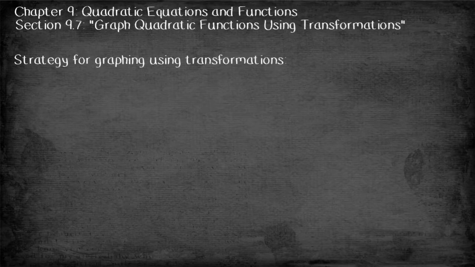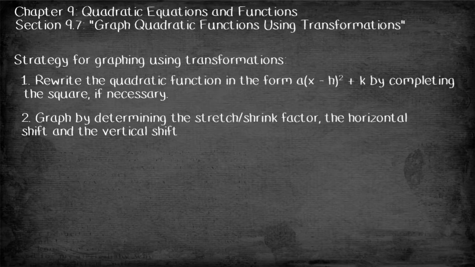Well, basically, what you do is rewrite your quadratic function like this: a times x minus h quantity squared plus k, and you do it by completing the square. And once you have it in that form, which is really the bulk of the work, then you can figure out how to graph it by knowing what the stretch or shrink factor is, the horizontal shift, and the vertical shift. So let's look at an example.